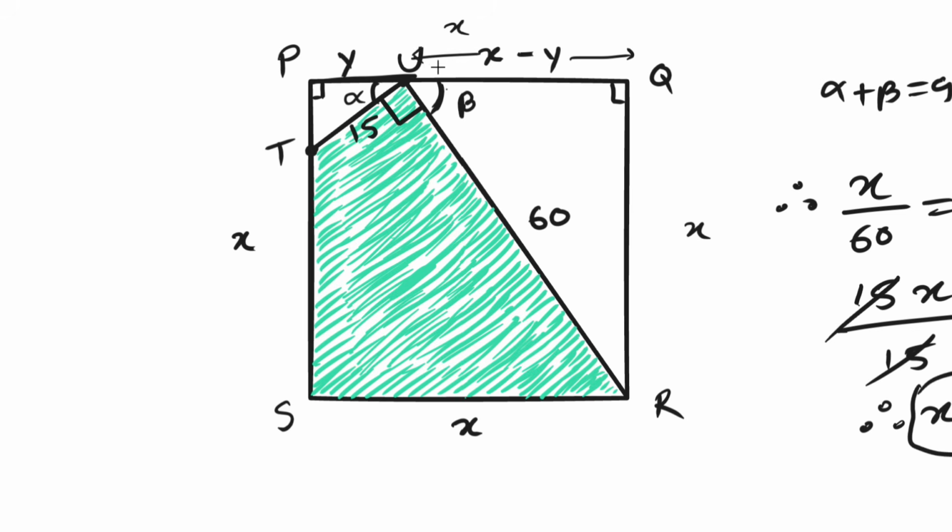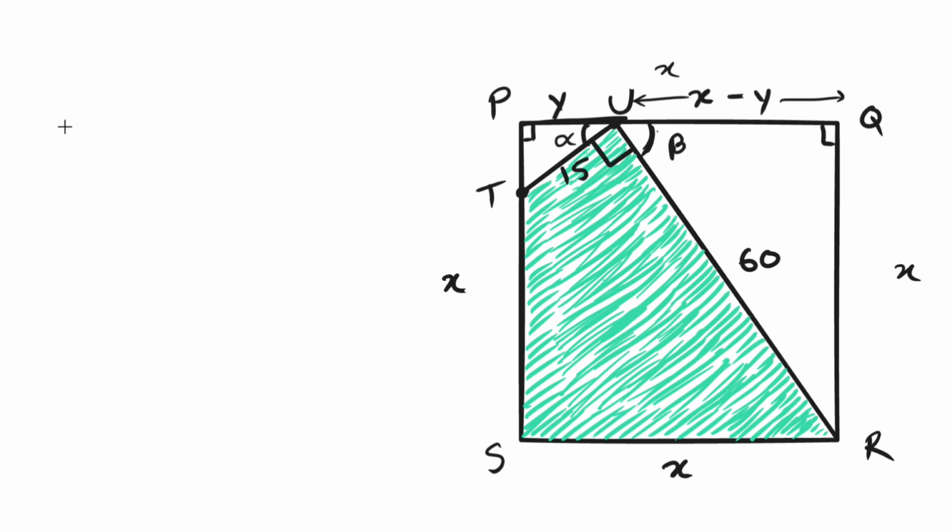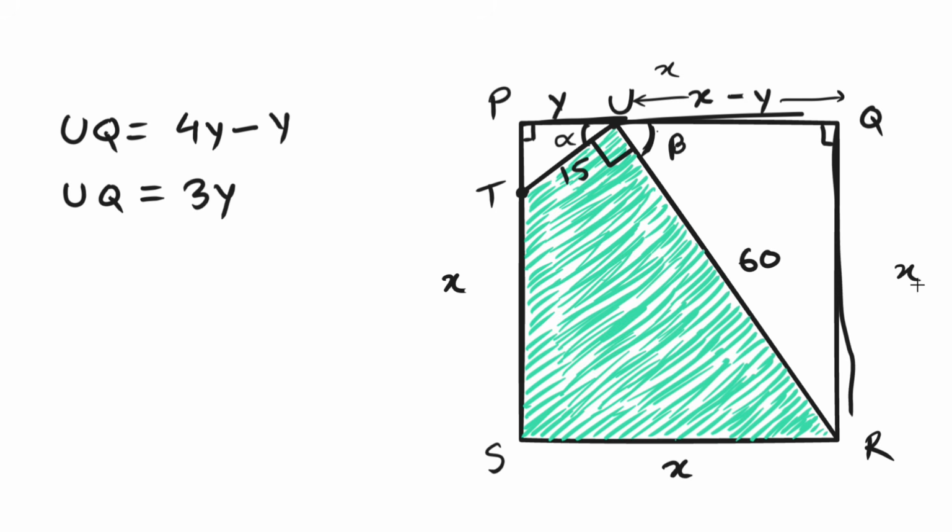But we already discovered that x equals 4y, so substitute 4y for x. That gives us UQ equals 4y minus y, which simplifies to 3y. So, now we know something very nice. The two legs of the larger right triangle, UQR, are 3y and 4y.